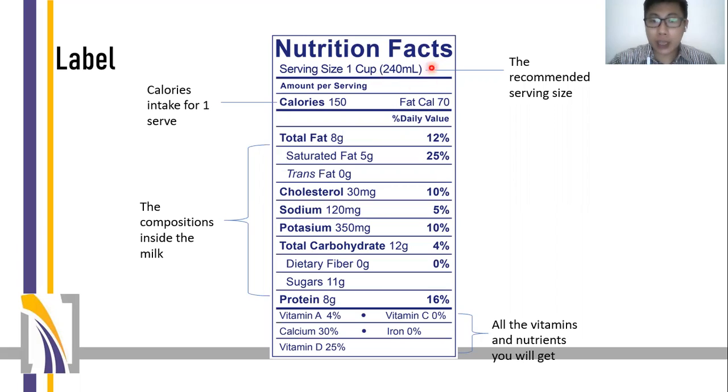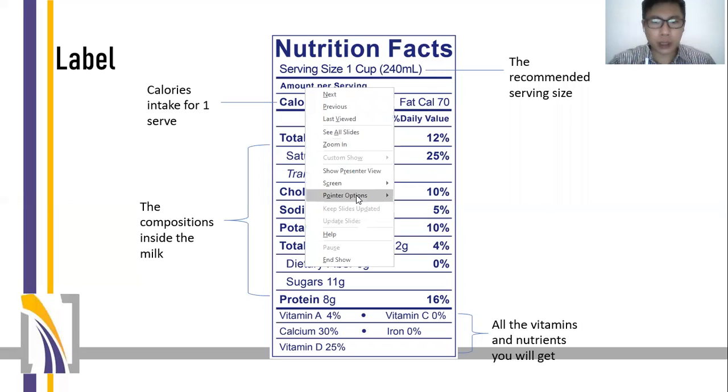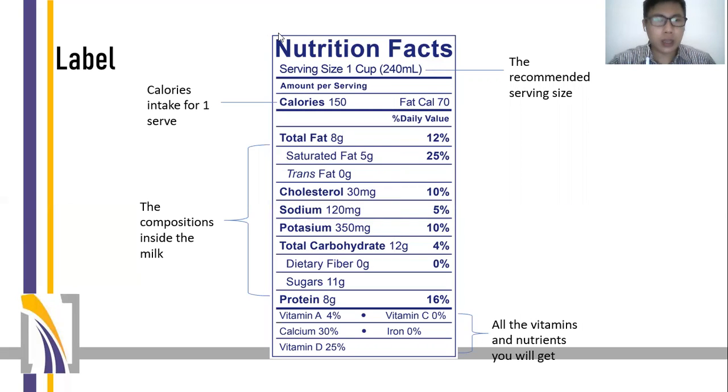In this 240 milliliters, maybe I will turn off the laser pointer because we don't need that. I think we're going to use the red one. So this is what you will get for one serving.